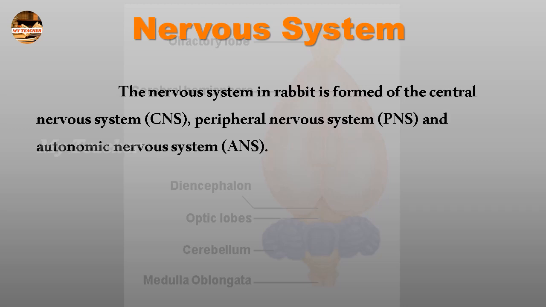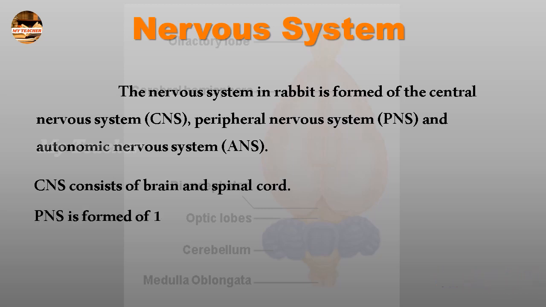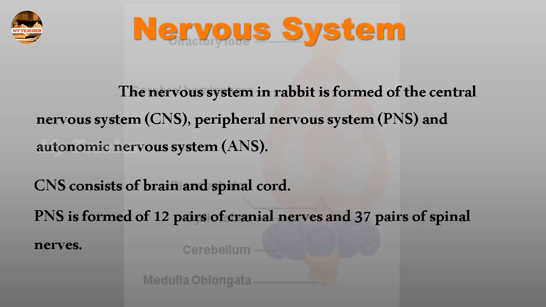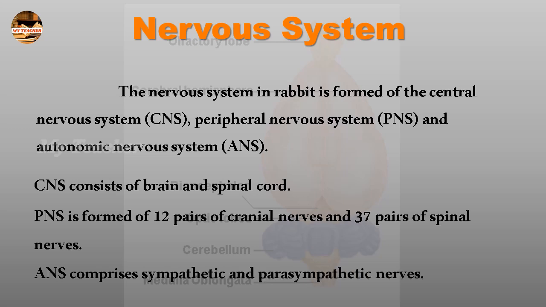What are the parts of central nervous system? Brain and spinal cord. Peripheral nervous system is formed of 12 pairs of cranial nerves and 37 pairs of spinal nerves. Autonomic nervous system comprises sympathetic and parasympathetic nerves.